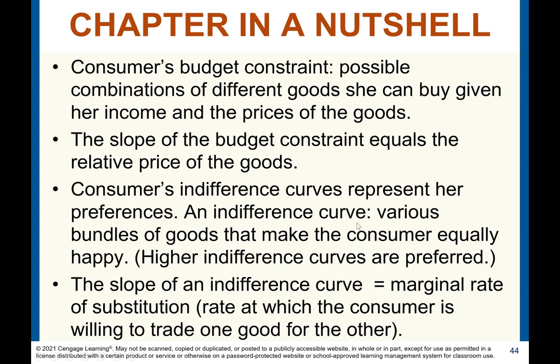An indifference curve shows various bundles of goods that make the consumer equally happy. Higher indifference curves are preferred. The slope of an indifference curve is equal to the marginal rate of substitution, the rate at which the consumer is willing to trade one good for the other.